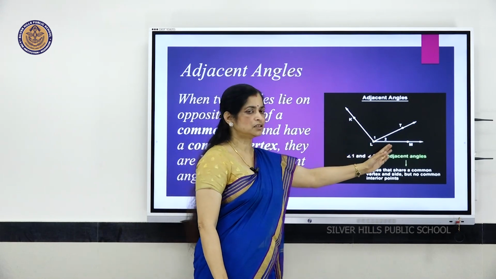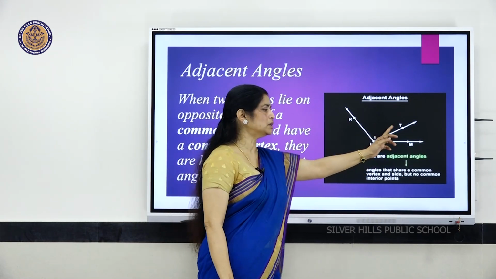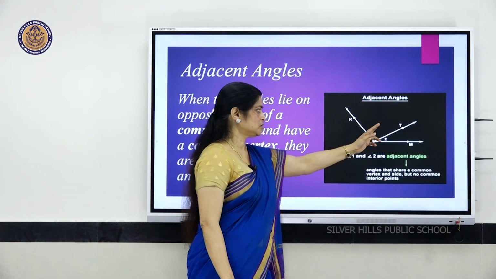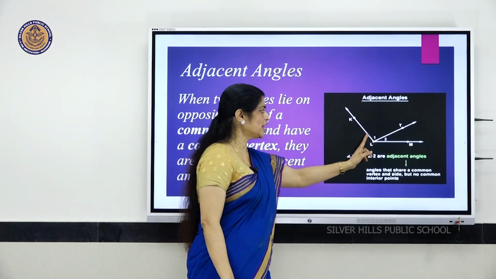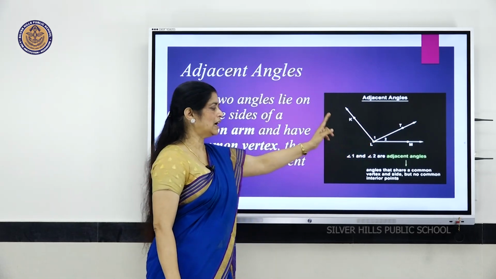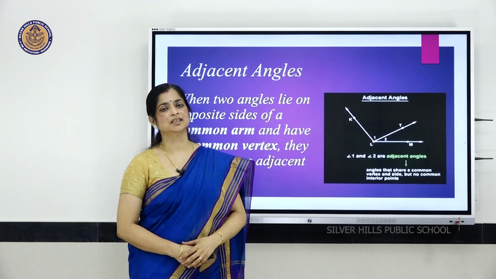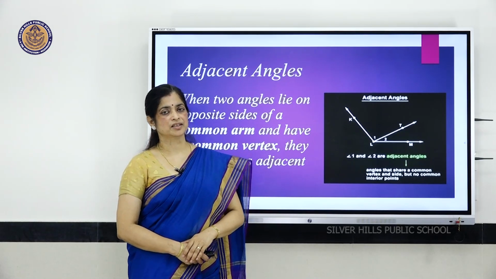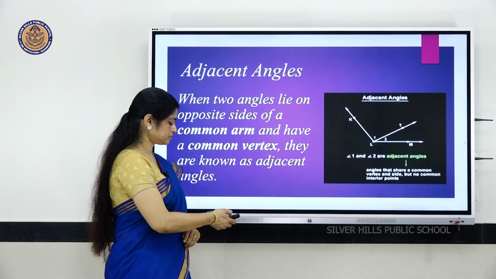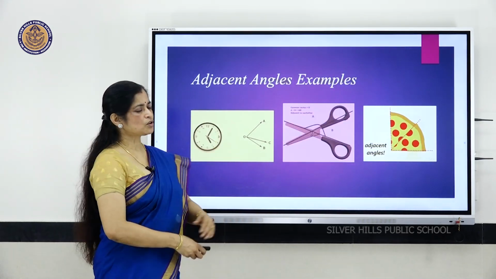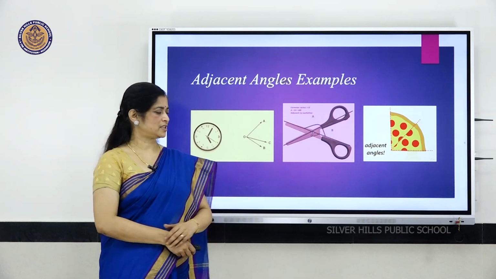These two angles are sharing one common arm. The common arm here is LT. So, when two angles share one common arm and they have a common vertex, such types of angles are called adjacent angles.